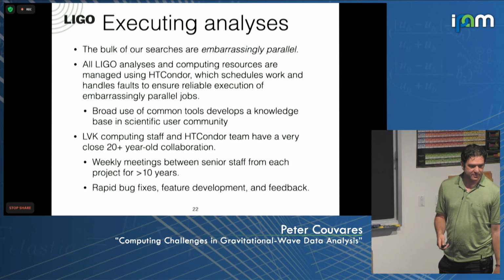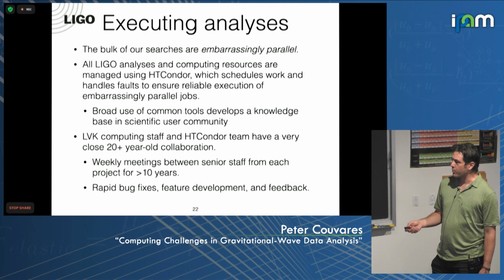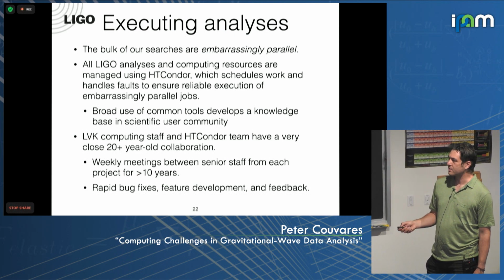All hands are on deck to fix it, and we probably get better support from this research project than we do from any commercial vendor we've paid any amount of money in 20 years. It's a great relationship, and it's kind of a real aid to our science.